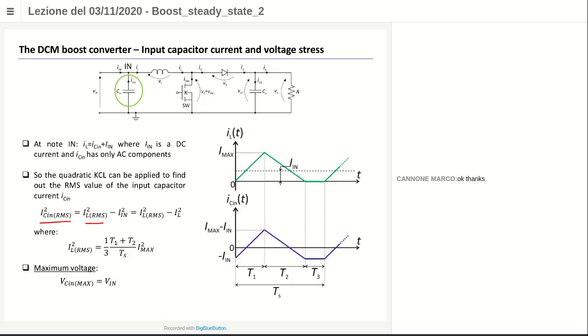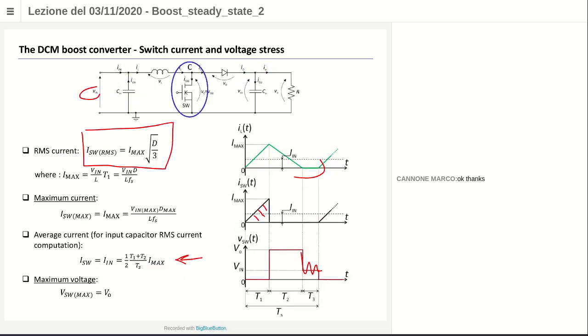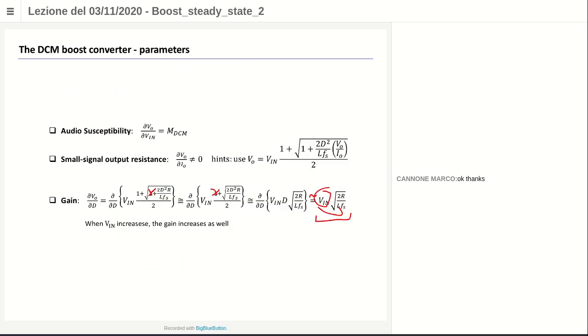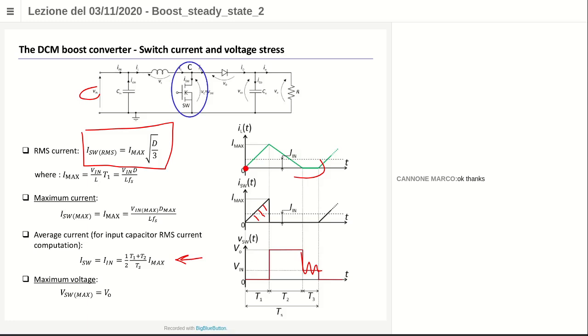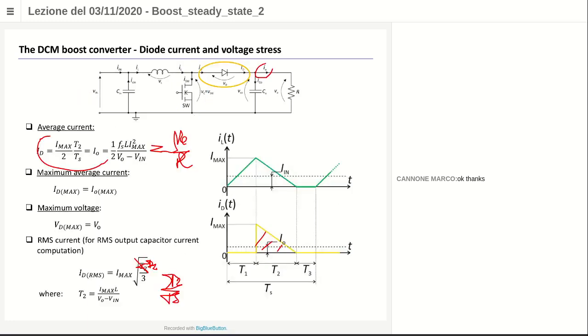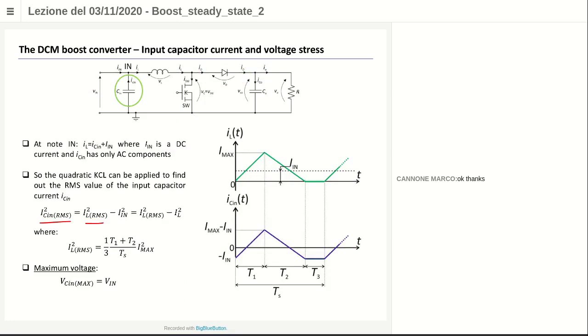And IL RMS is something that I can derive by looking at this green curve here. You can apply the definition: you have to square this, so you get a parabolic shape like this.